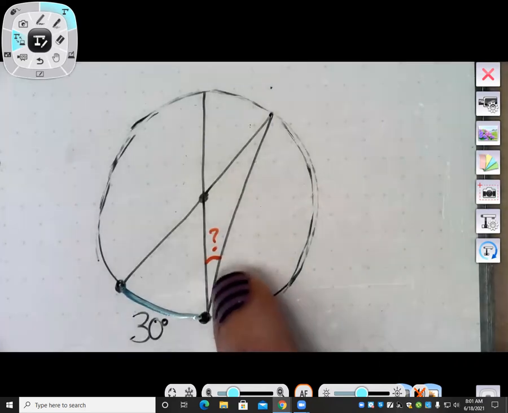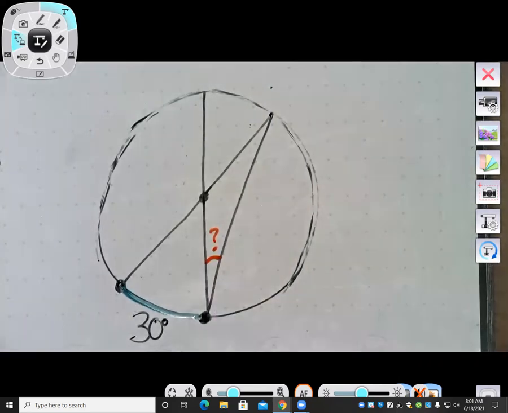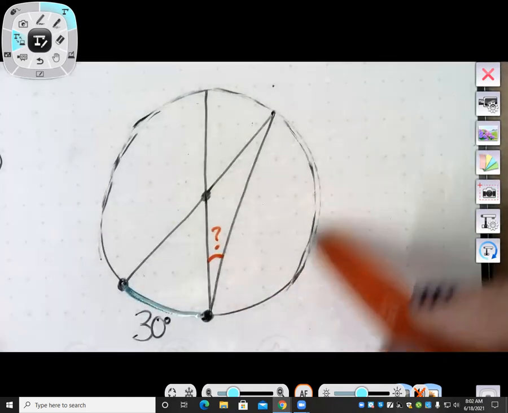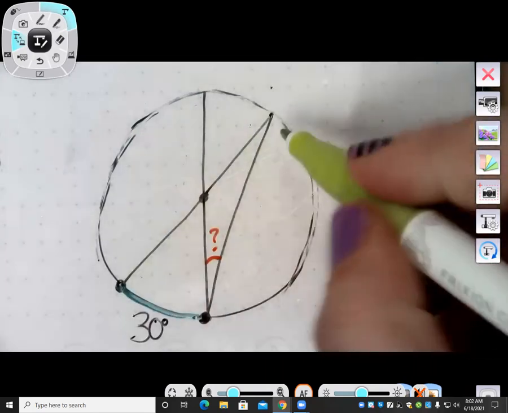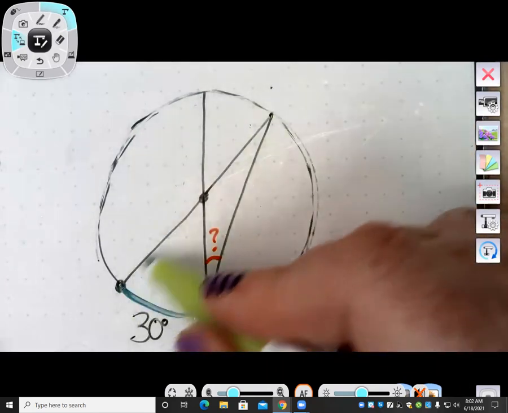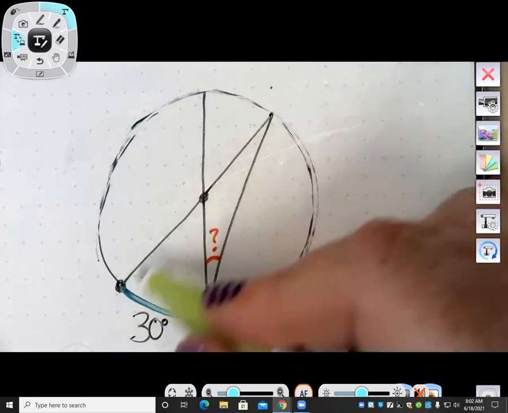Oh wait, what'd you say? Oh, this arc over here? Yes, that's true. Okay, hold on. Let me get another color. So because we have a diameter right here, see what he's saying? This is a diameter.